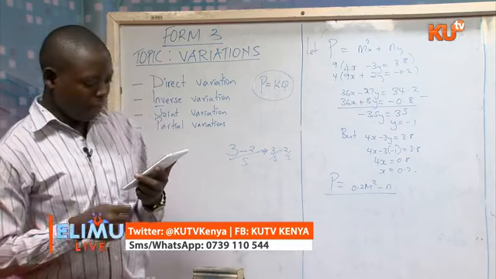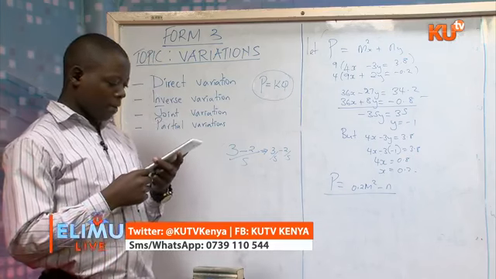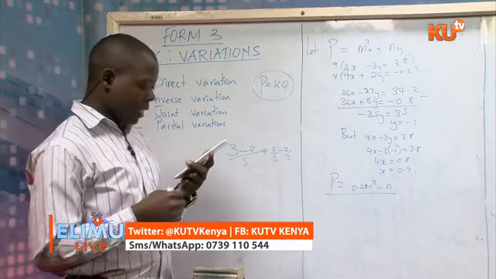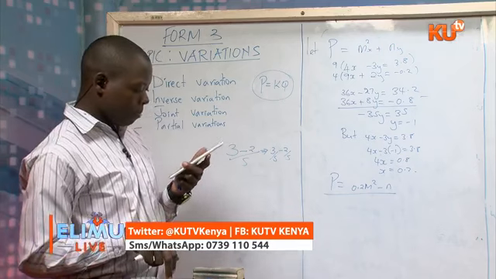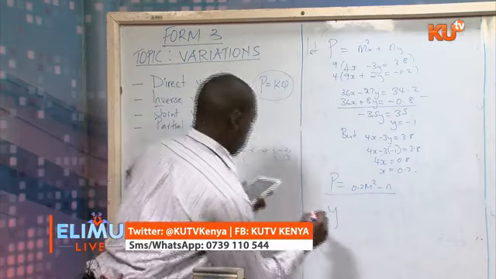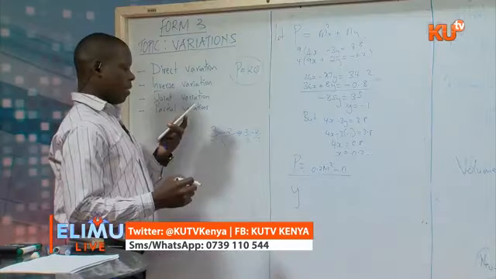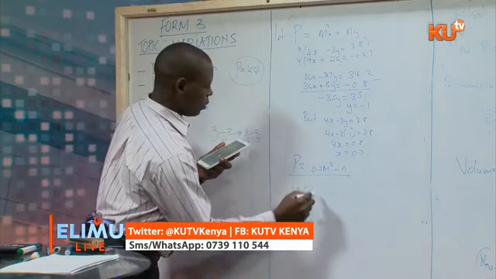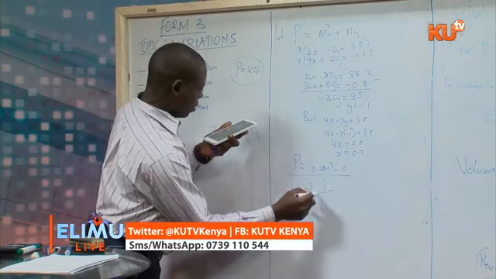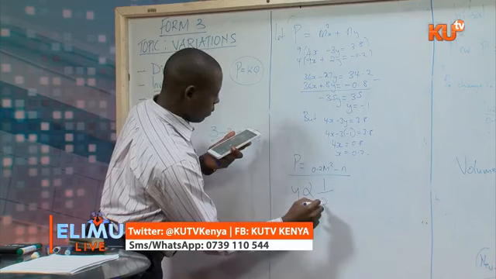Given that y is inversely proportional to x and k is a constant of proportionality, so we have y is inversely proportional to x, I believe it is x power n.